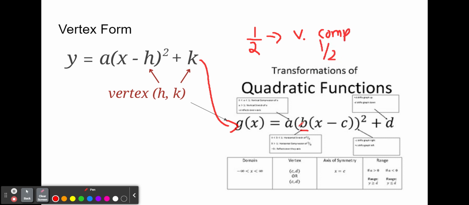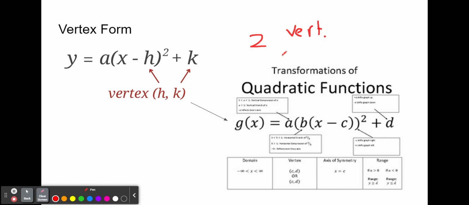If the b value, on the other hand, is a 1/2, the b value is reversed, so that's going to be a vertical stretch of 2. And then switching it around, if the a value is 2, then that's going to be a vertical stretch of 2.